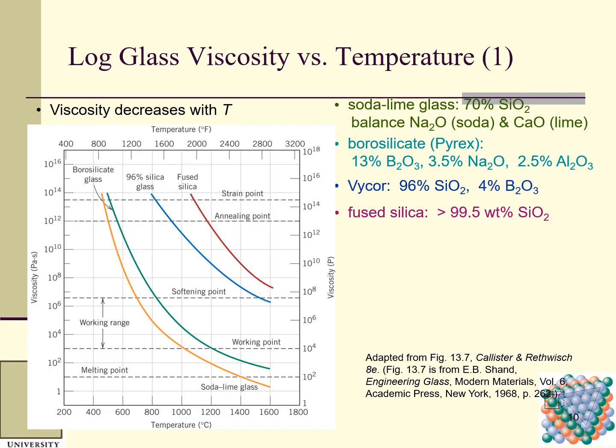Here is log glass viscosity versus temperature. Viscosity decreases with temperature, right? We know that if we elevate the temperature, viscosity decreases, and a sticky material becomes almost free-flowing. In this figure, temperature is in degrees C and viscosity is in Pascal second.